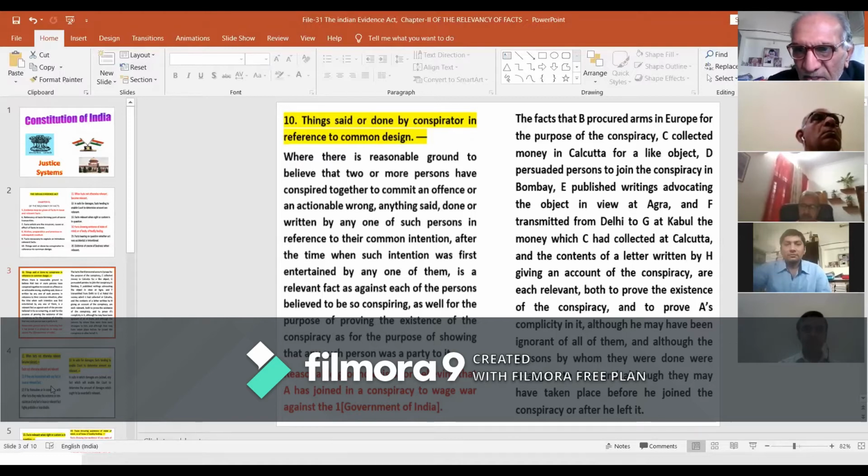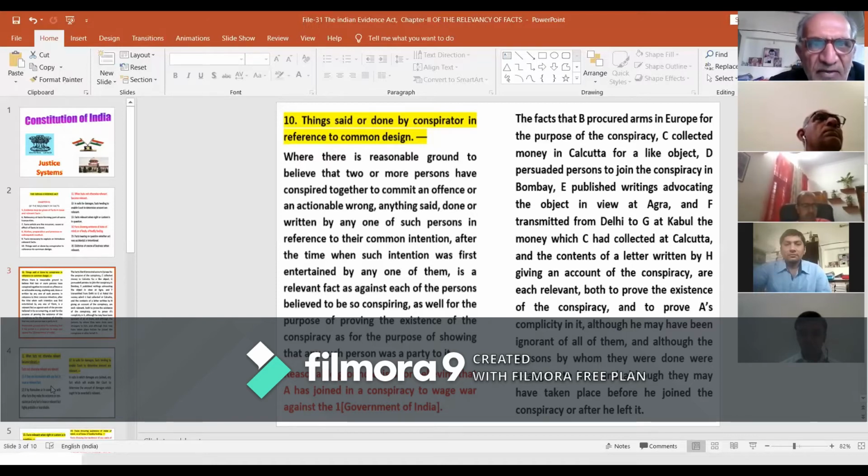So the act done or document written by one of the conspirators is relevant evidence under this section. So the permissibility, and once permitted and admitted in evidence, then it will become an evidence against all. So this section is a very important section from that point of view.